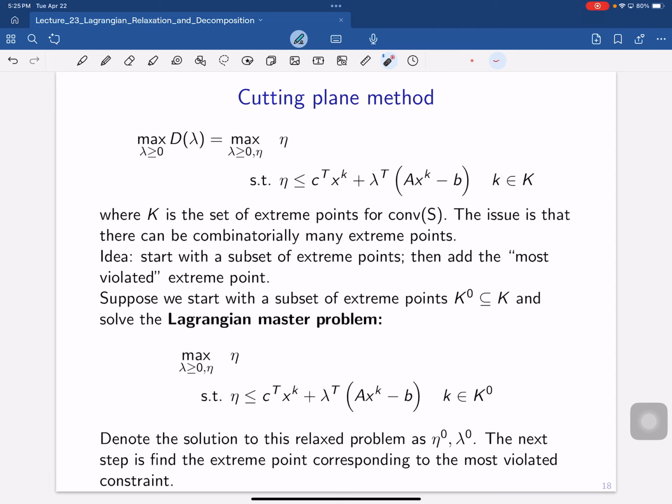So we can define a so-called Lagrangian master problem. We know that the objective is a minimization over cuts in this shape.